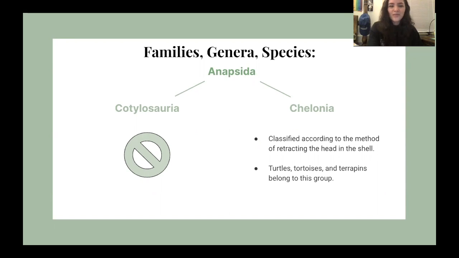We're not going to talk about the one that doesn't have information because I'm focusing more on Chelonia. They're classified according to the method of retracting the head in the shell. So basically, we're talking about turtles that have the shell and they retract their head in the shell. And obviously, turtles, tortoises, and terrapins belong to this group.